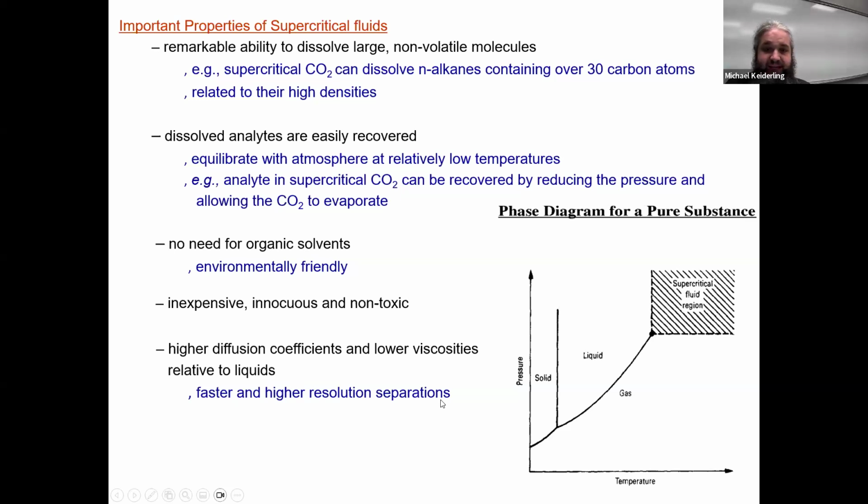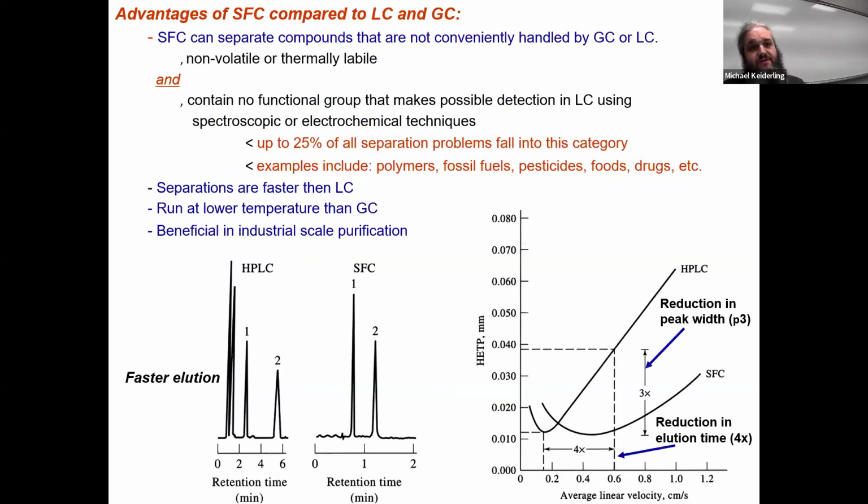For much the same reasons, you can use them for other things like dry cleaning. They use supercritical CO2 for dry cleaning in some places. Supercritical fluid chromatography can separate compounds that aren't conveniently handled by gas chromatography or liquid chromatography, things that are non-volatile or thermally labile, and contain no functional group that makes detection in liquid chromatography using spectroscopic or electrochemical techniques easy.